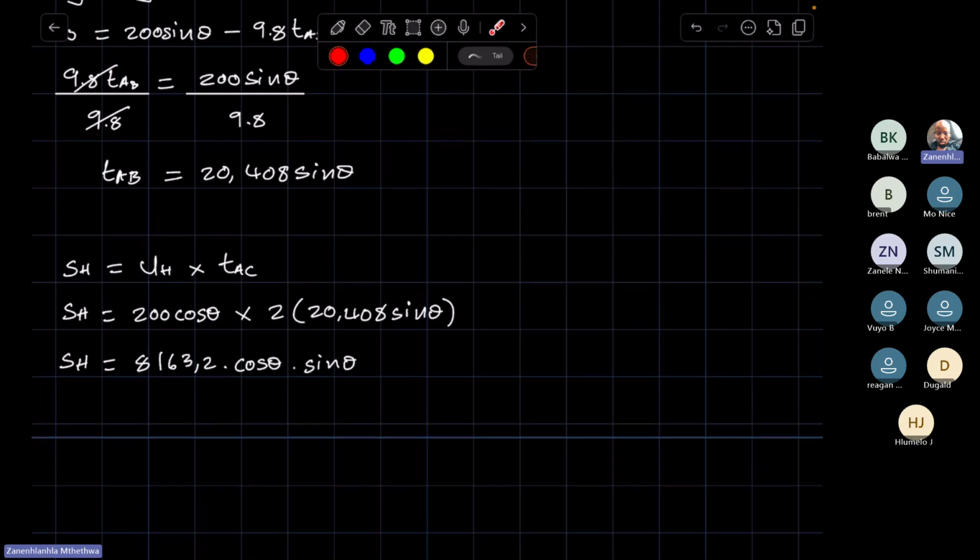So we have the equivalence of the horizontal displacement in terms of theta.